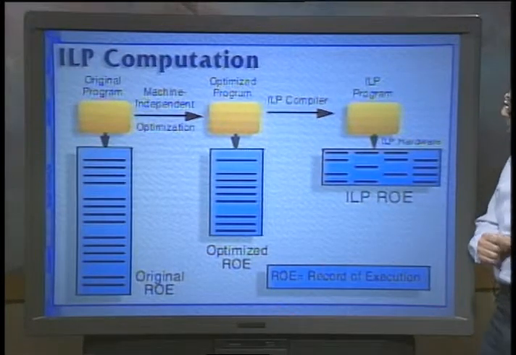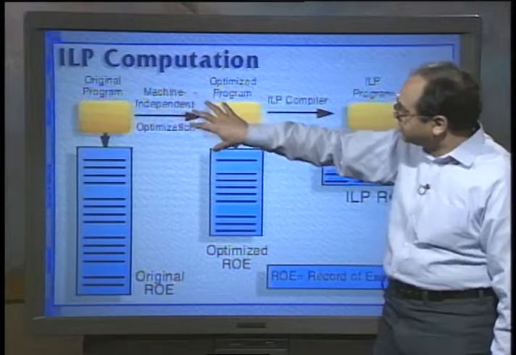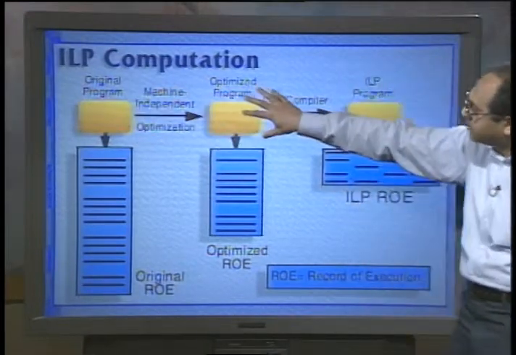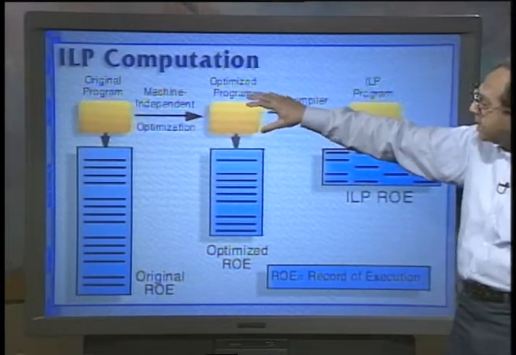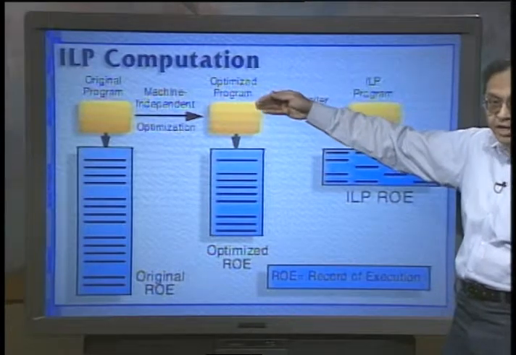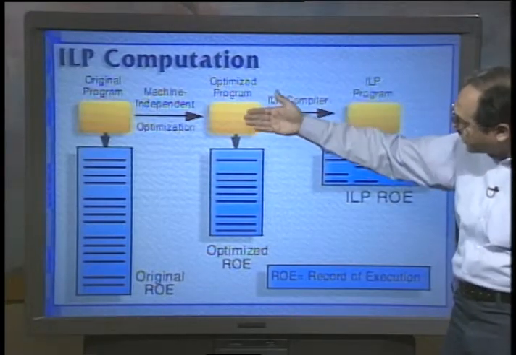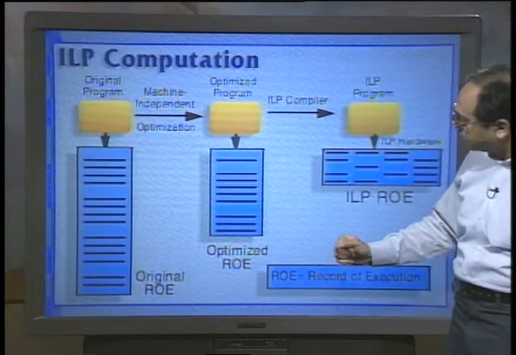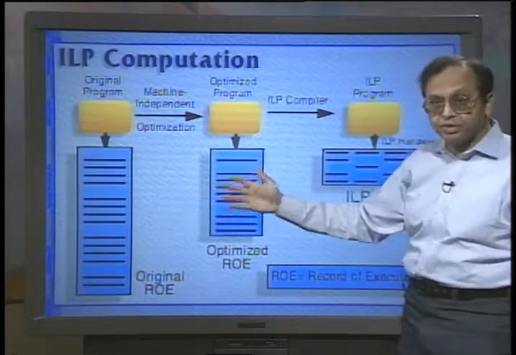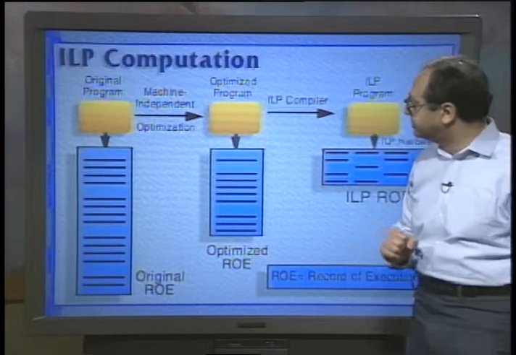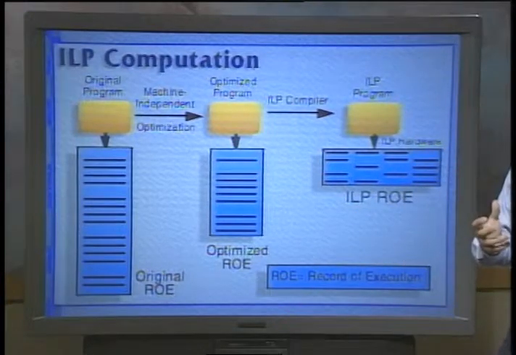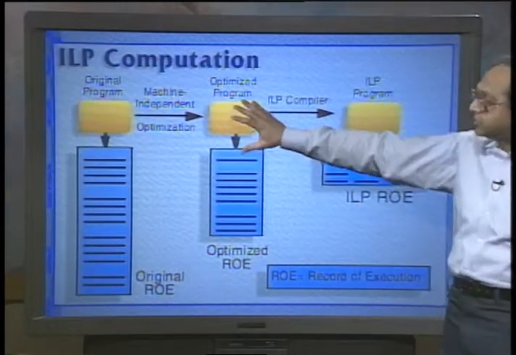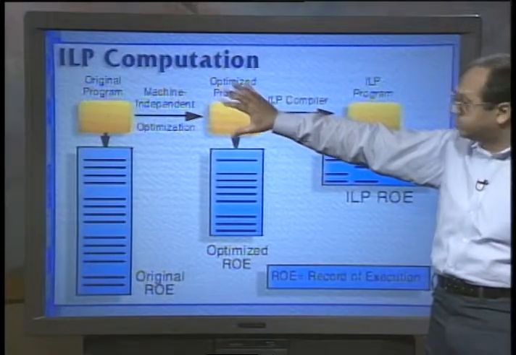What an optimizing compiler attempts to do is to take this original program and come up with an optimized program in which as much as possible of the redundant computation has been removed. The record of execution for such a program would be somewhat shorter because the redundant computations have been removed. Now, an ILP compiler, an ILP system, assumes that you have all of this optimization capability.